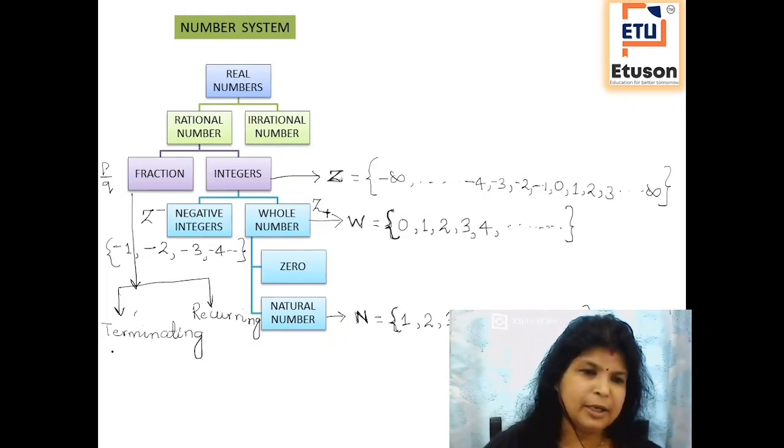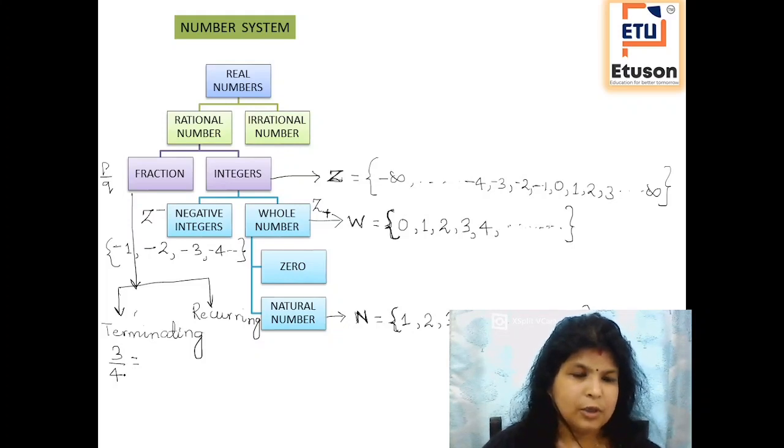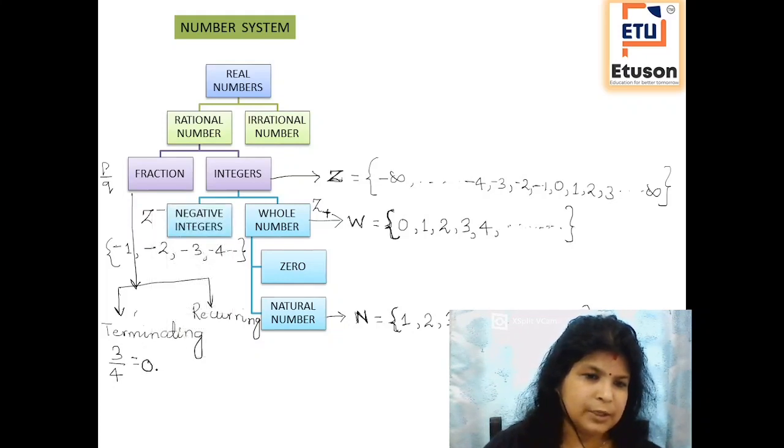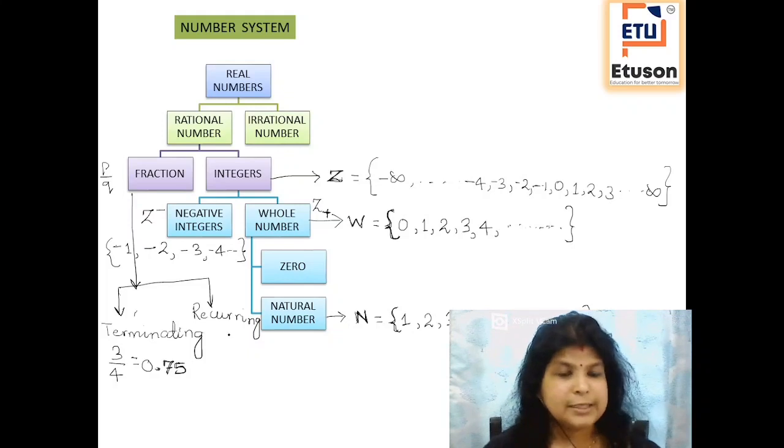Terminating are the fractions where you get a definite value. Suppose, for example, 3 by 4. What's the value of 3 by 4? It is a terminating one, so you will get 0.75. It ends at 75.